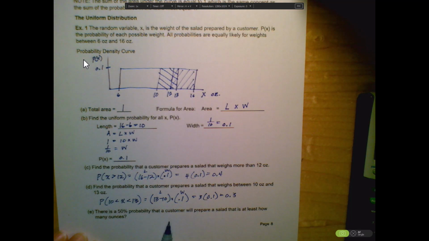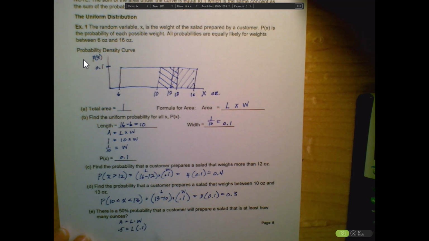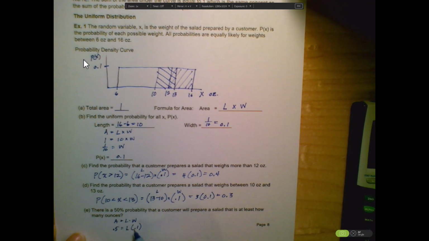So this question is saying, what's the number of ounces that we would get 50%? So again, if we use area equals length times width, they're telling us area. Area is 0.5. Length we don't know, and width is always 0.1 in this problem. So if you divide both sides by 0.1, we'll get length equals 5.